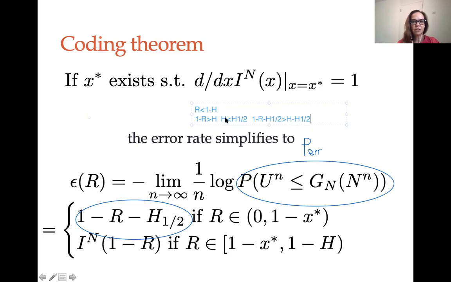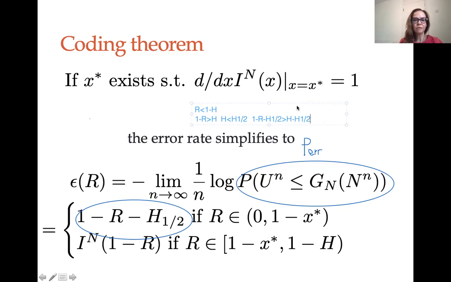Because remember that h is less than h1/2, h minus h1/2 is just going to be negative. So all we know here is that this is something larger than something negative. It's actually showing that my guessing for these kinds of rates is just going to have a somewhat different behavior, which is going to depend on this difference.